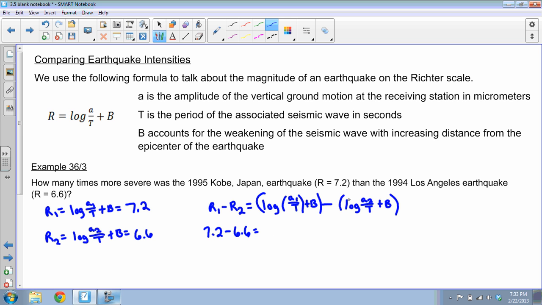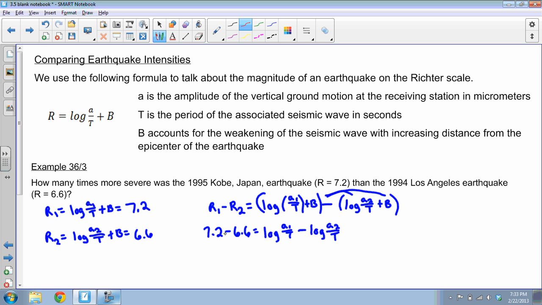Distributing the negative, I get log of A1 over T, and this plus B is going to cancel out with this B, because it ends up being a minus from distributing. So minus log of A2 over T.